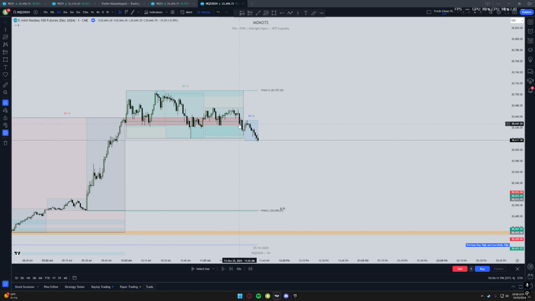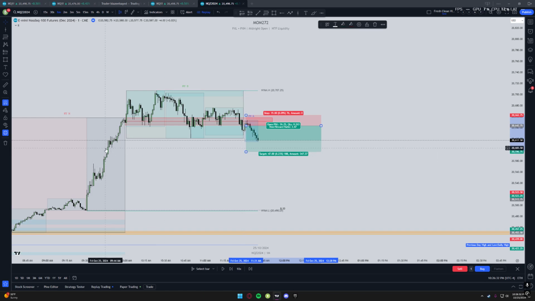You don't want to see us do this chop around. Okay, now we see this. This is the cleanest. I don't like that it came to the consequent encroachment of this, but this is the cleanest under-and-back-in that we've got. Now, I didn't take this trade because I didn't trade this morning. But if you were to, here's the problem too.